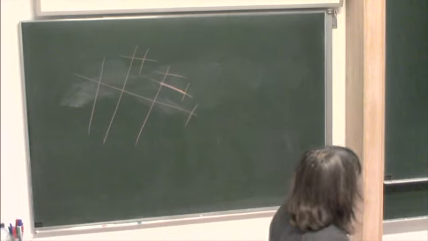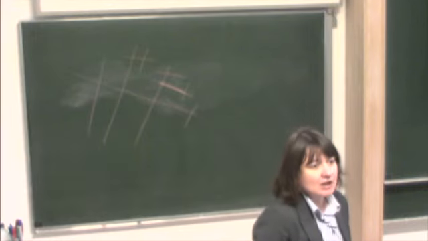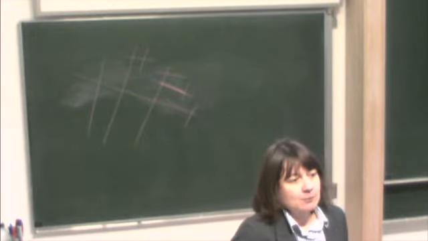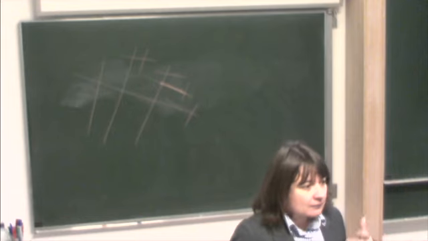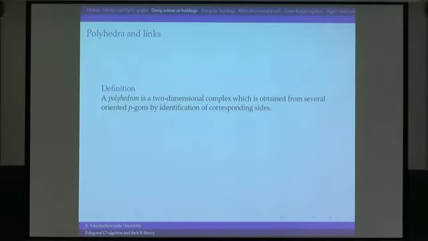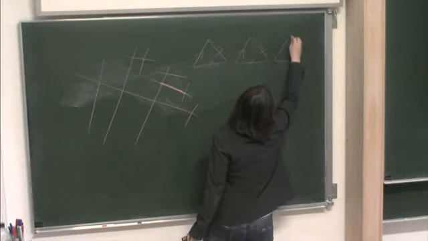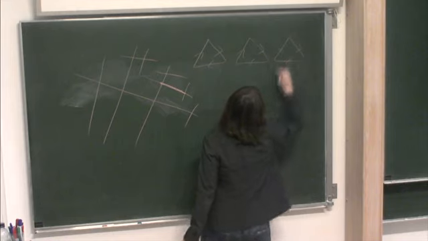Okay, then I need a couple more definitions. We will say that a polyhedron is an object obtained from several oriented polygons by gluing together edges with the same labels, respecting orientations.